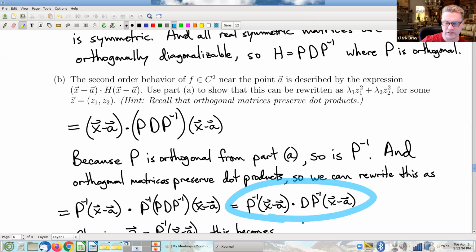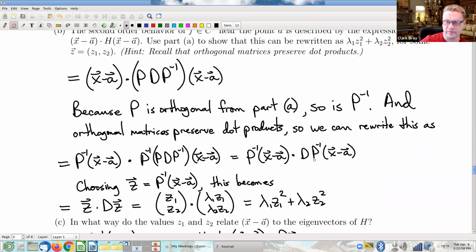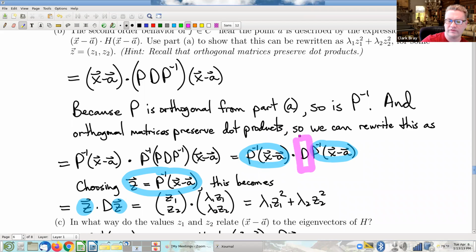And believe it or not, we're actually kind of done here, because what we've got is a thing that I'm just going to call Z, and we've got this D matrix right there. And whatever that Z is, it doesn't really matter what it is.